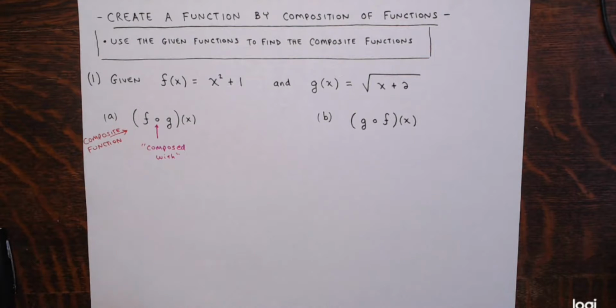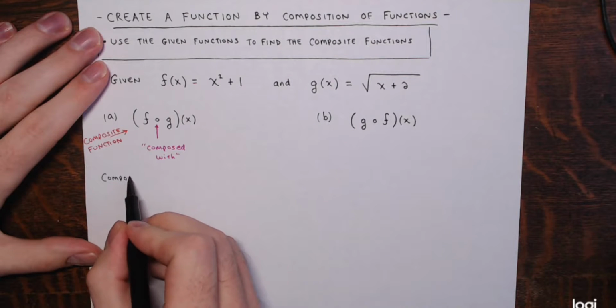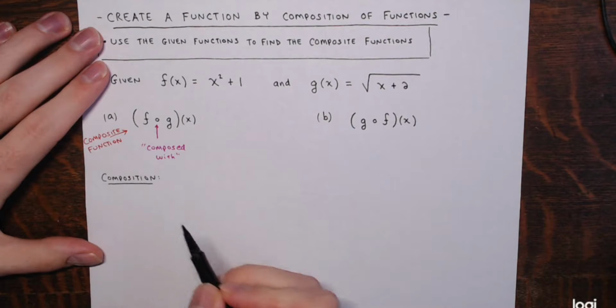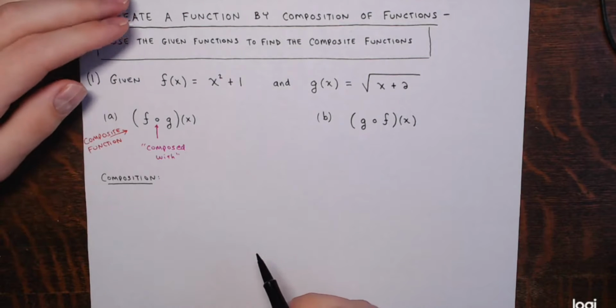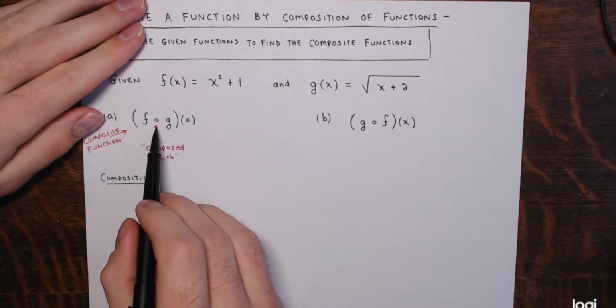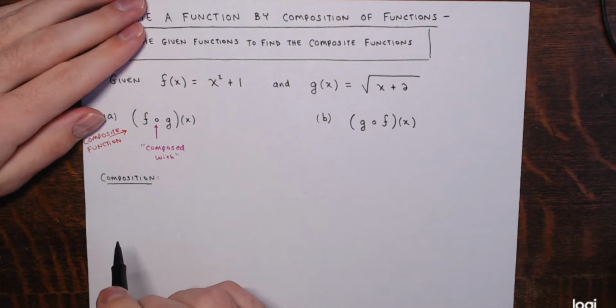And here's how composition works. You go kind of right to left. You go right to left in the way that this is written. Right? Or some people might say inside out.